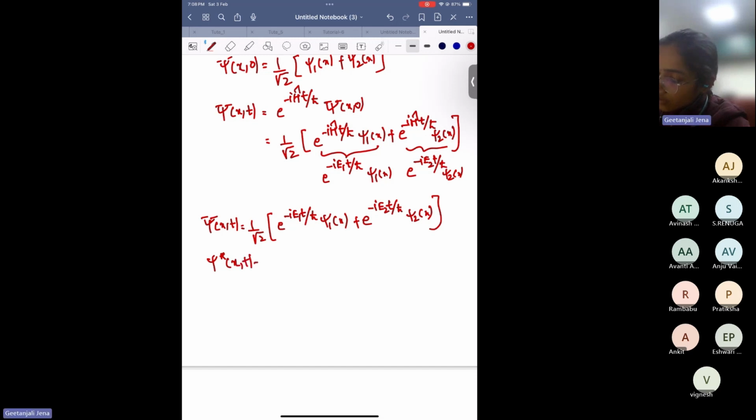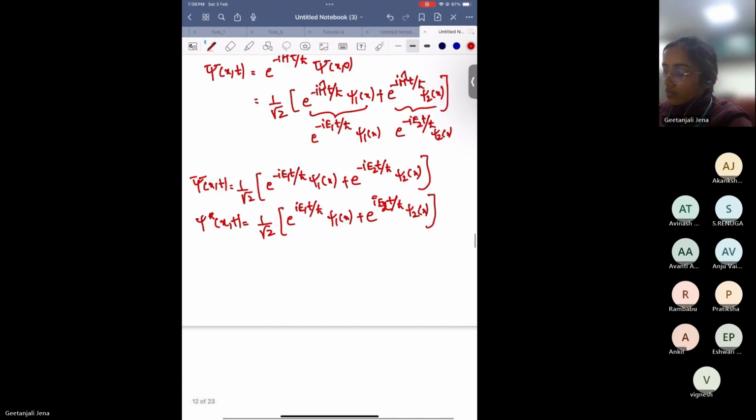The complex conjugate will be 1 by root 2 e to power iE1 t by h cut psi1 plus e to power, this minus i will become plus i, so this will be e to power iE2 t by h cut psi2. Okay.